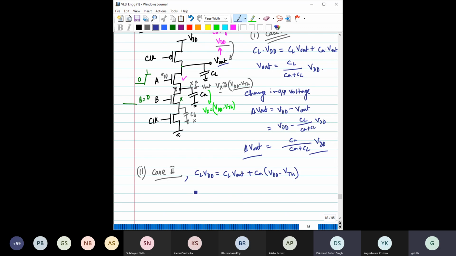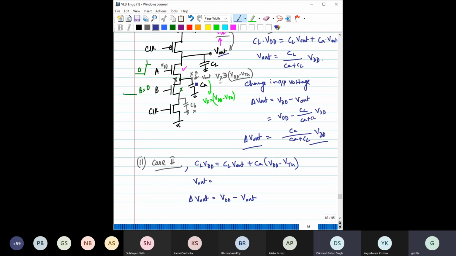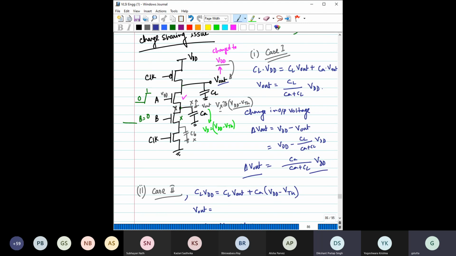From here you can find what is V out. After that you can also find delta V out, which would be equal to VDD minus V out. Fine.